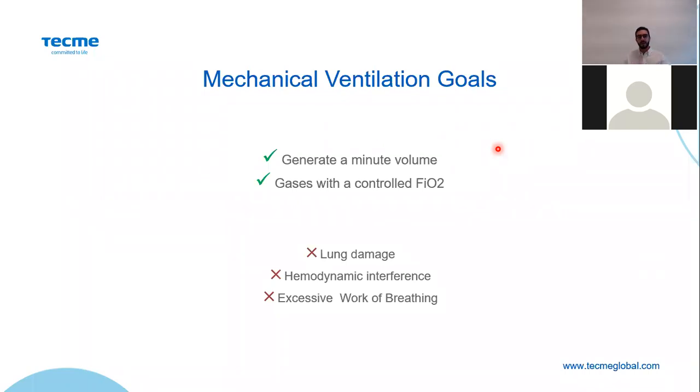This is the main goal, but the ventilator has to do this without producing lung damage, hemodynamic interference, or excessive work of breathing. So that's the general idea of a mechanical ventilator.